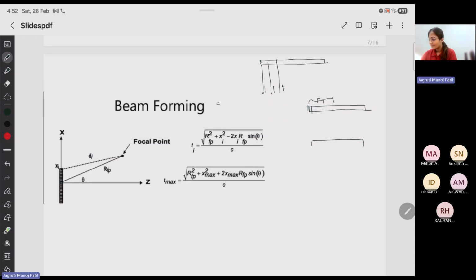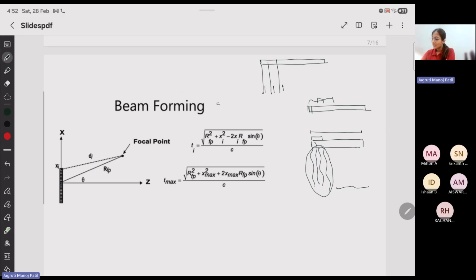Then they thought, let's image it using a group of elements and receive from the entire array. So here you are sending using all elements, receiving using all. In this case, the energy you get from this particular region where the energy was being sent would be higher, right? Whereas the other ones aren't being emanated, but you are receiving from all elements.